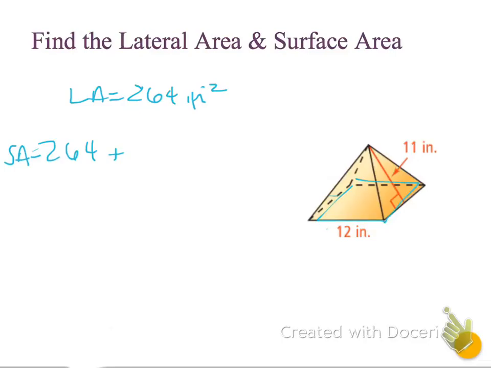So this base, it looks like it's a square. So all I have to do for that is take 12 times this other side, 12, which is going to be 144, because the area of a square is base times height. So 12 times 12 is 144. So that means my surface area is going to be 408 inches squared.